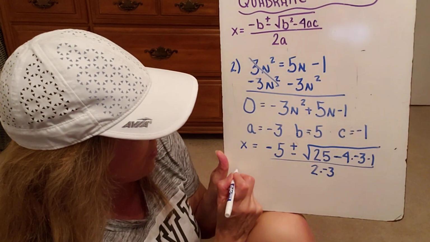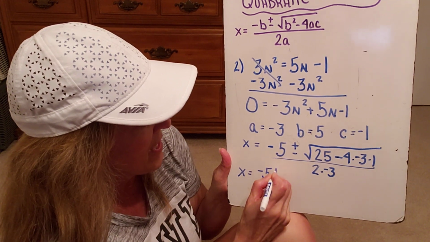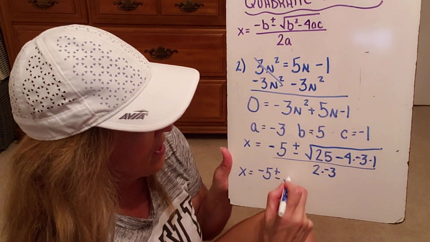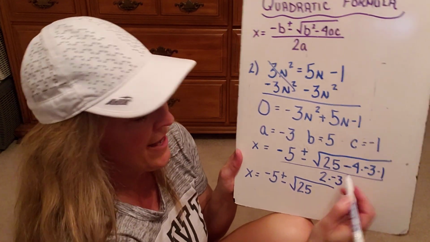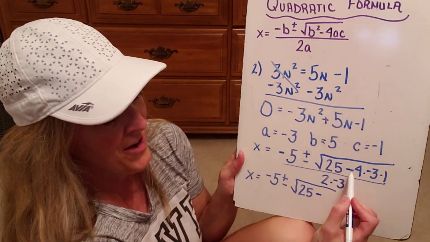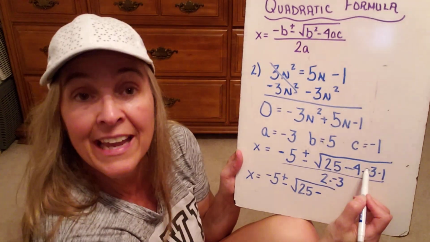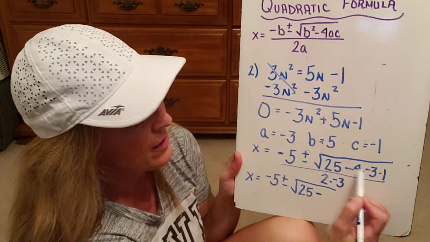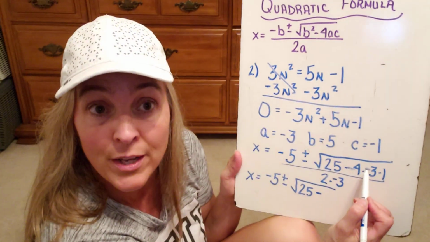We have x equals negative 5 plus or minus the square root of 25. And I usually go ahead and put a minus sign right here. A minus sign being multiplied by a negative, these two negatives are going to cancel out and give you a positive. And that does happen on occasion.